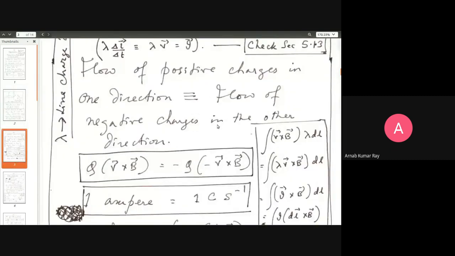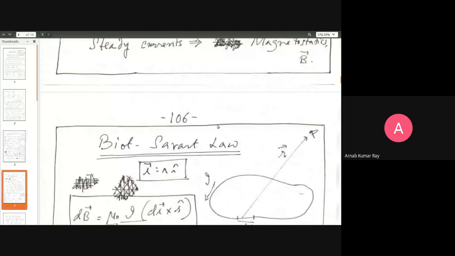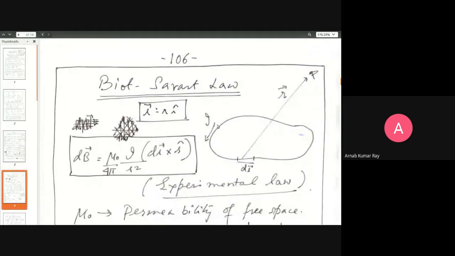And the second thing that we are about to begin is another experimentally observed law pertaining to magnetism, and you are familiar with it from your school studies. It is the Biot-Savart law. So let us now look at it in closer detail. What is this whole business about? Follow carefully the diagram first. You have a current.